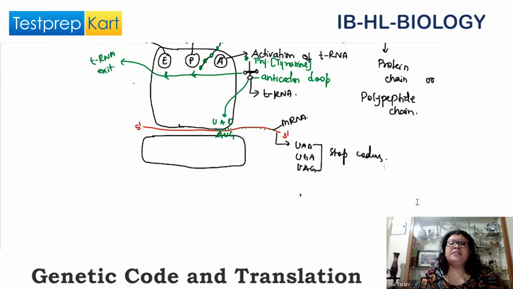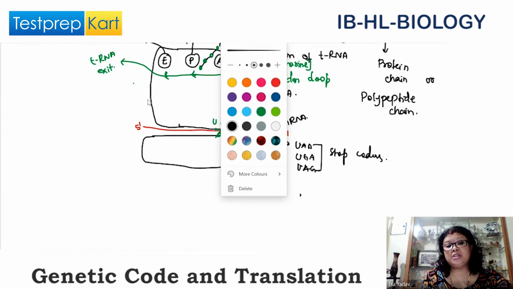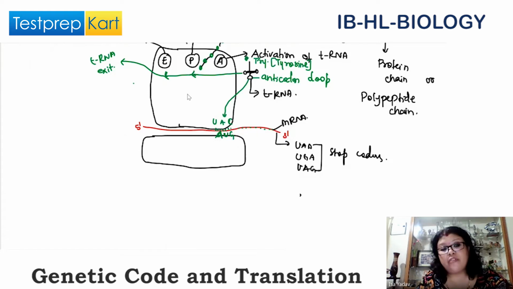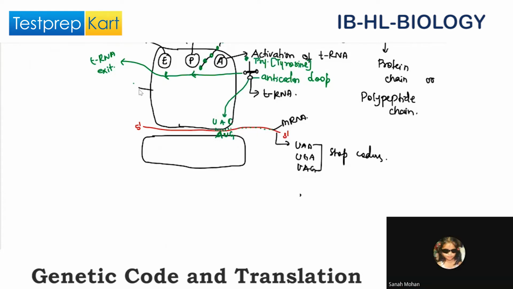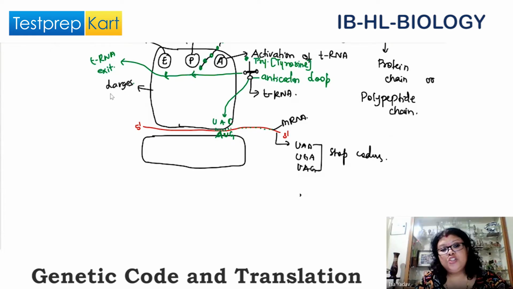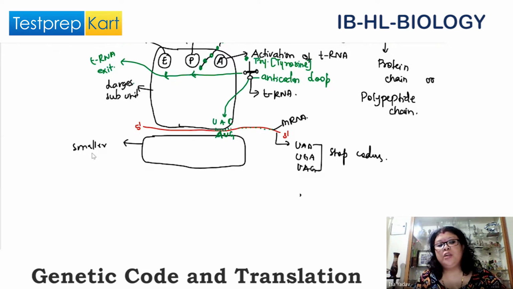Now see here, Sana. This is the larger subunit of the ribosome. When we were doing cell biology, we studied the structure of the ribosome. This is the larger subunit, and this is the smaller subunit.